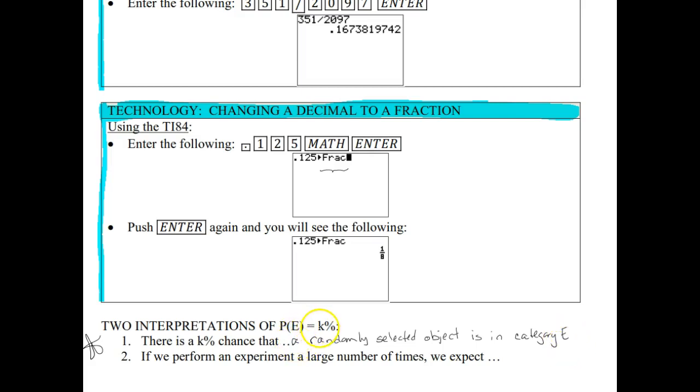In terms of the events that we're looking at here, we could say there's a k% chance that event E will happen on a randomly selected trial of the experiment.